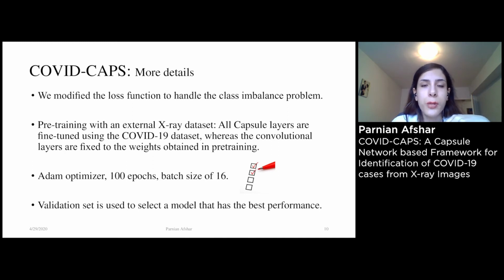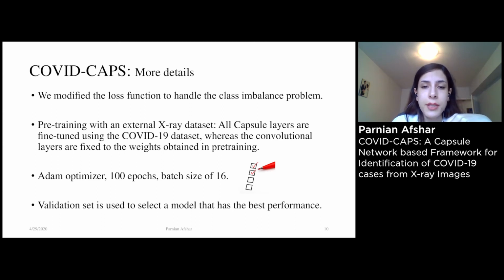We also tried pre-training with an external X-ray dataset on patients having a kind of lung disease, but not coronavirus. We pre-trained all the capsule network using this external dataset, but for the pre-training, we kept all the convolutional layers fixed, and we just fine-tuned the capsule layers on the original COVID-19 dataset.